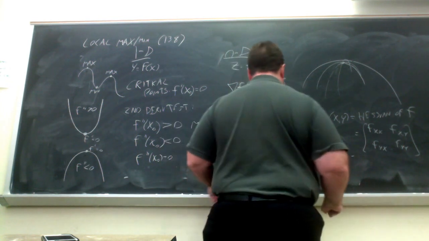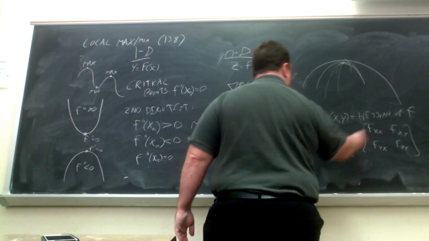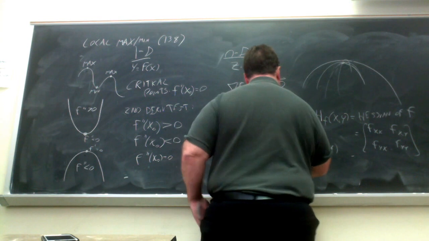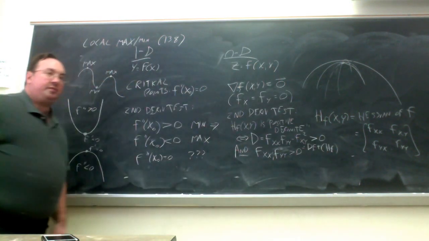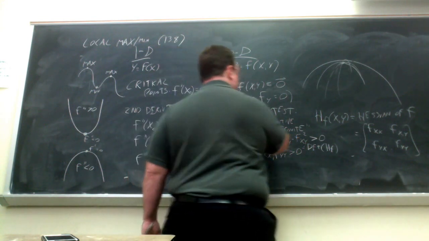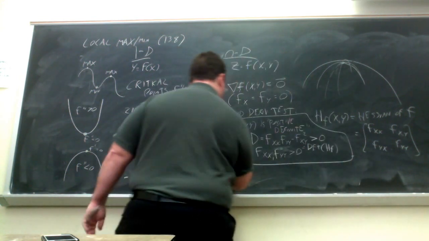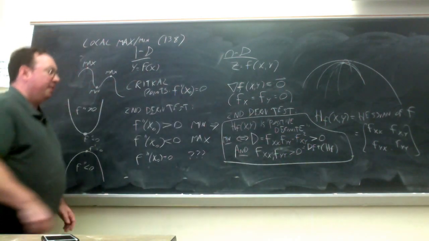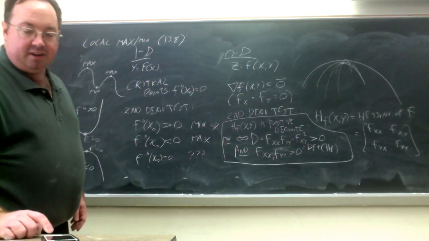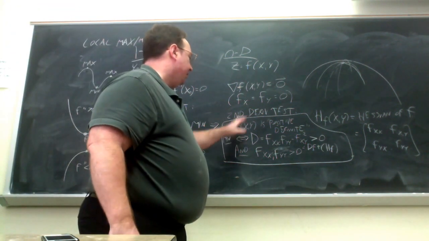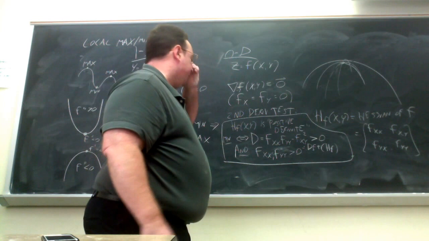Basically, you check that the ones along the diagonal, fxx and fyy, must also be strictly positive. So this is for a minimum. Okay. So basically that's your second derivative test for a function of two variables.